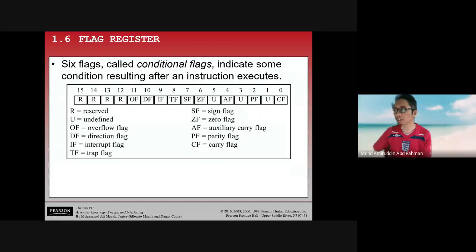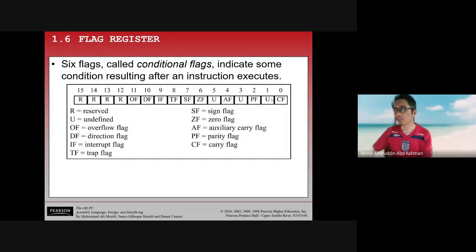And then, okay, let's start from bit 0. At bit number 0, we have CF, which is the carry flag, okay? And then we have undefined. So you see that there is a space allocated after each of the instructions.